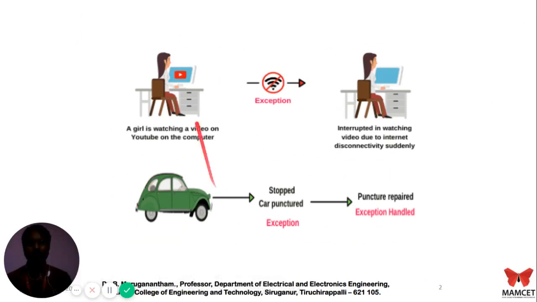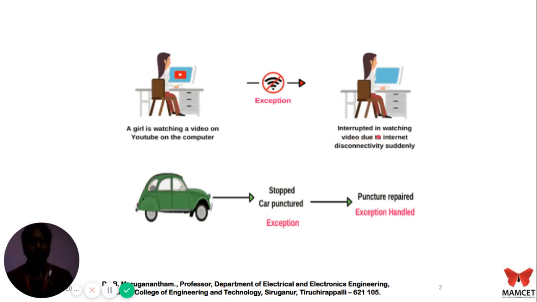So this is a real-time example to understand what is meant by exception handling. Suppose a girl is watching a YouTube video on her system and suddenly, due to an internet problem, the video disconnects. That is the error, that is the exception.